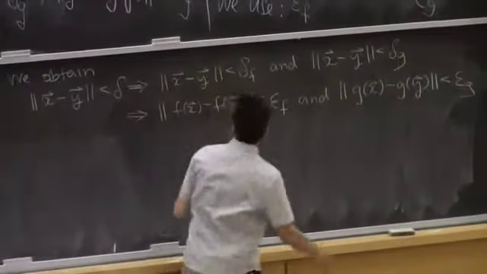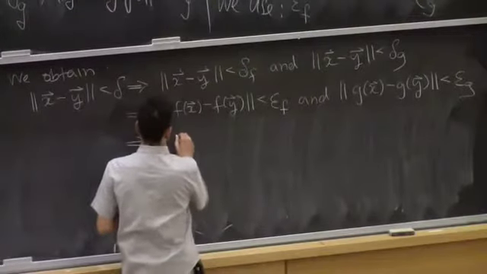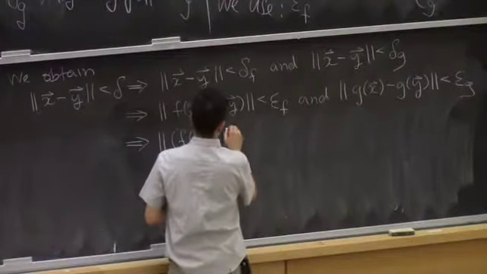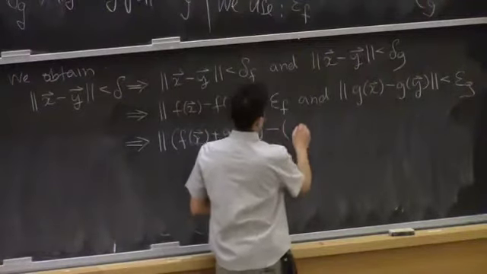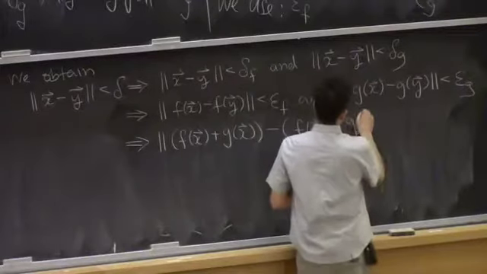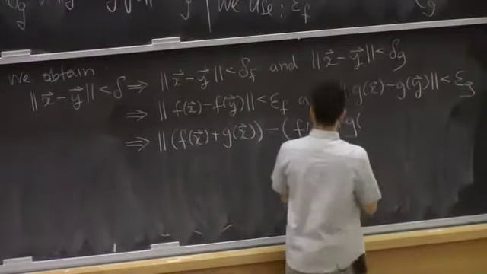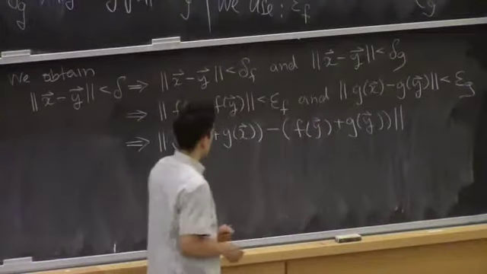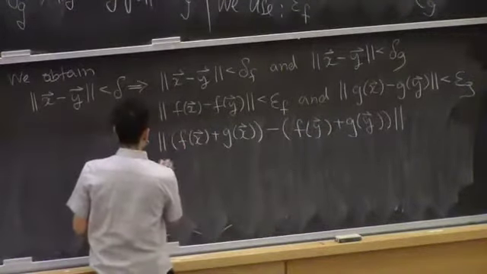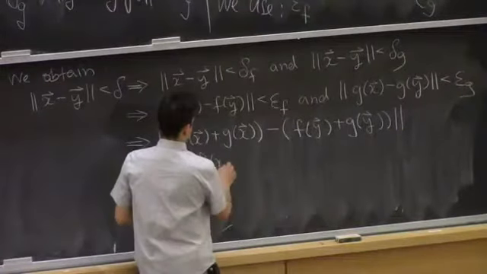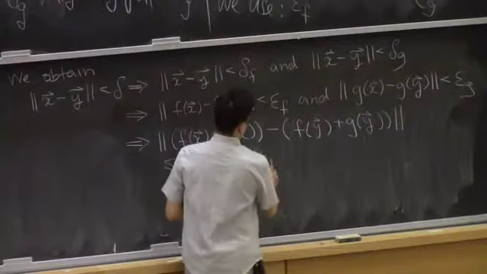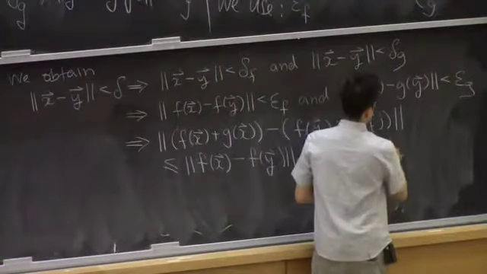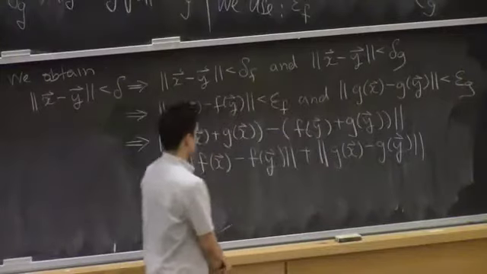So we're here. We've controlled these guys. So this gives us, following the reasoning up here, we got that this is less than this.